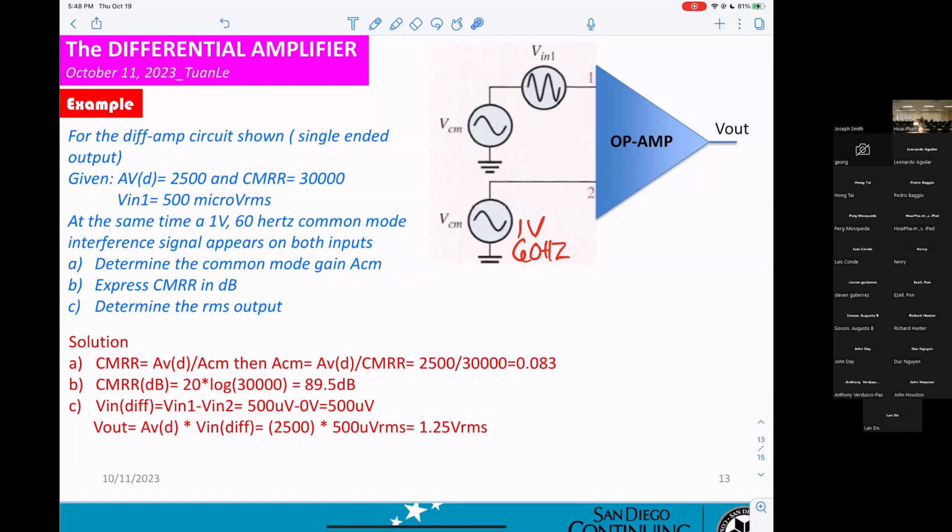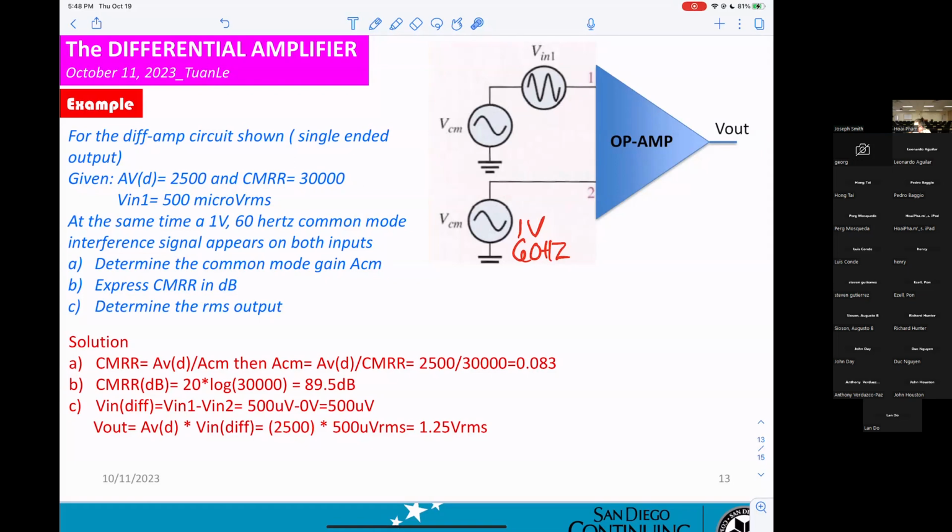First thing, they want to determine the common mode gain, ACM. Solution. Common mode rejection ratio equals AVD divided by ACM. AVD you already have, 2500, and the common mode rejection ratio is 30,000.